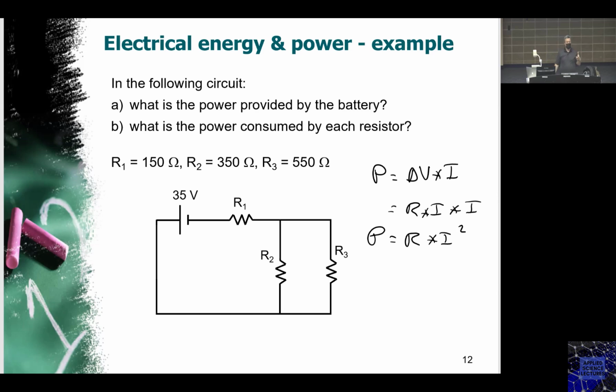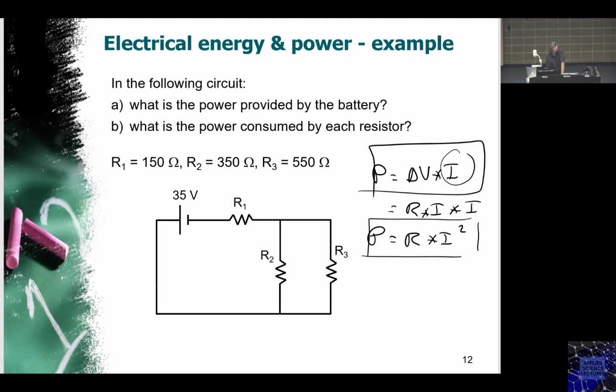Sometimes you have the resistance, and you have the current that goes through this resistance. Then it makes sense to use this expression, R I squared. Sometimes you have the potential difference across the resistor and the resistance. In this case, you substitute I with delta V over R. So this is the second, this is the first, and the third one, you get delta V squared divided by R. Why?